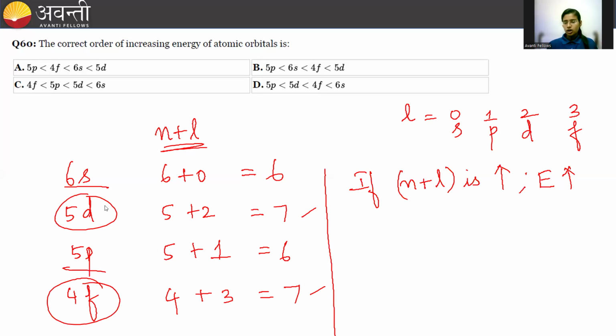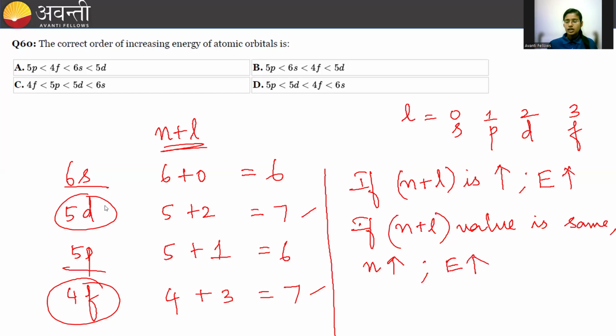For that, you have to check the n value. If the n plus l value is the same, then the one which has the greater n value will have the highest energy.